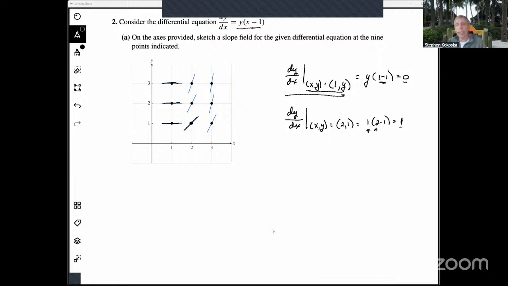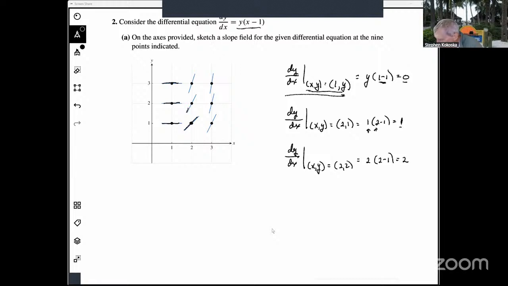And I frequently get this question about, well, when this sort of a problem was scored, how accurate did those slopes have to be? And really what we're looking for is the relationship between the slopes. For example, if I take a look at the derivative dy/dx where (x, y) is equal to, let's say, (2, 2), well, here the y value is 2, x is still 2, and now I've got a slope of 2.